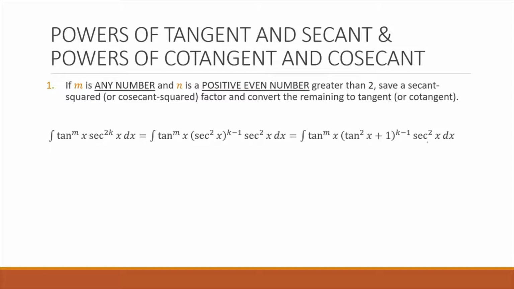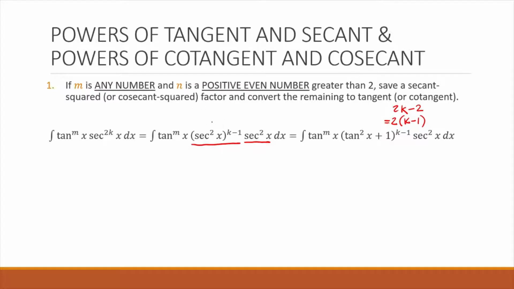Okay, so again from 2k, which is the power of secant, we subtract 2, right? So that we can isolate secant squared x. And then itong 2k minus 2, from here we can factor out 2. So we now have the product of 2 and k minus 1. Okay? So that's what happened here sa ito na portion.